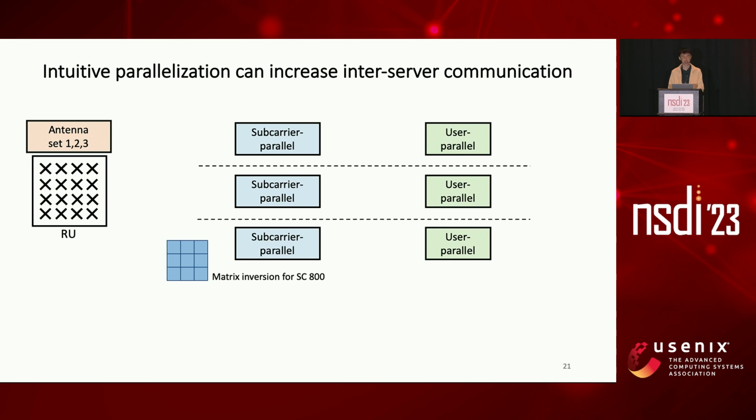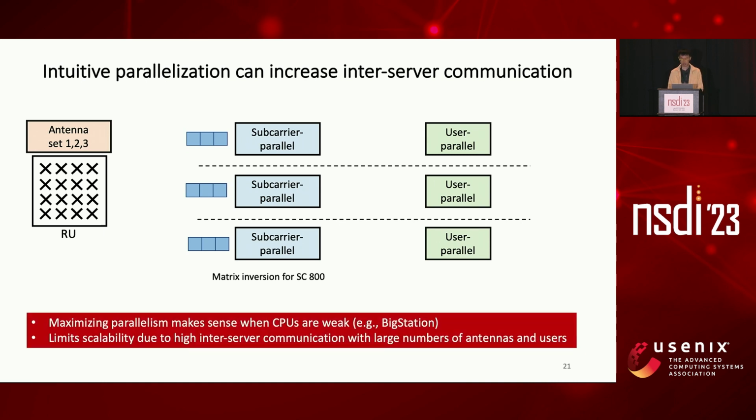Now I will give you an example of how the state-of-the-art solution BigStation exploits the parallelism without optimizing the communication overhead. Let's look at the matrix inversion task for subcarrier 800, which is required by massive MIMO here. There are lots of large matrix inversion tasks in BigStation. BigStation aggressively partitions the task across multiple servers to reduce the processing latency.